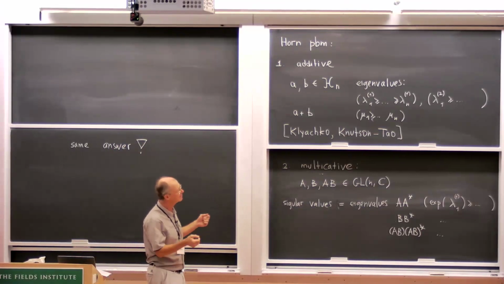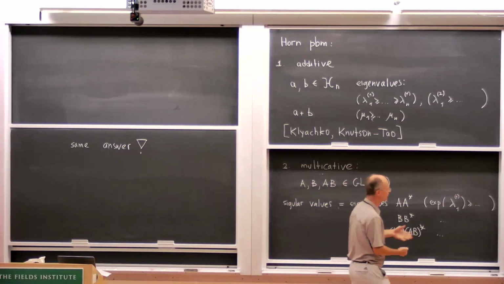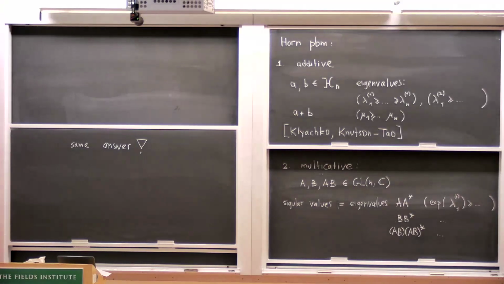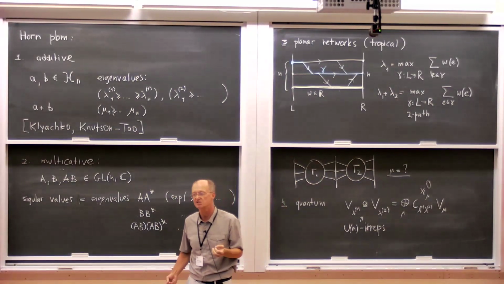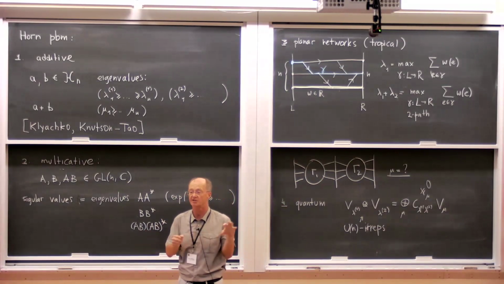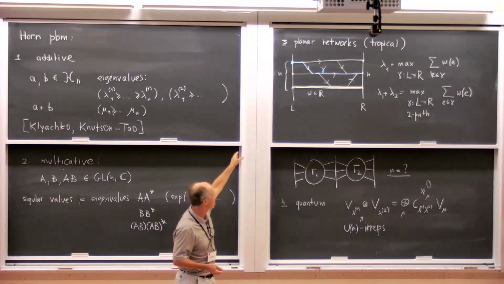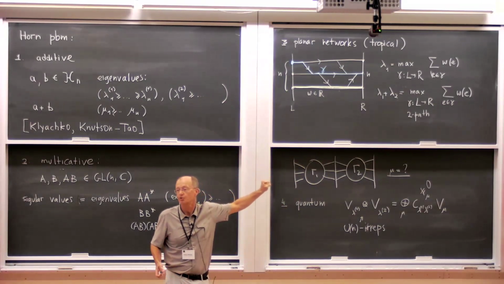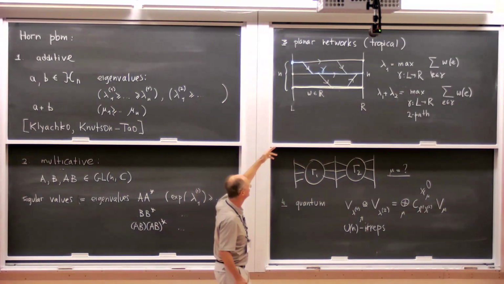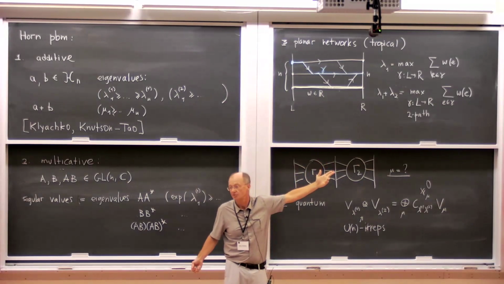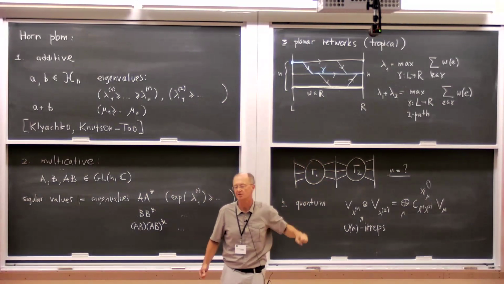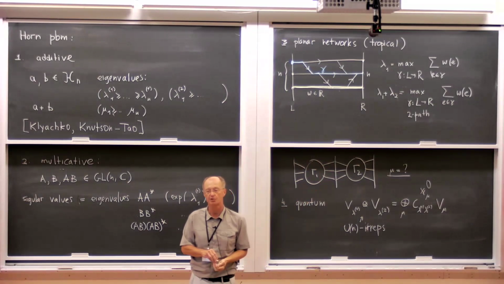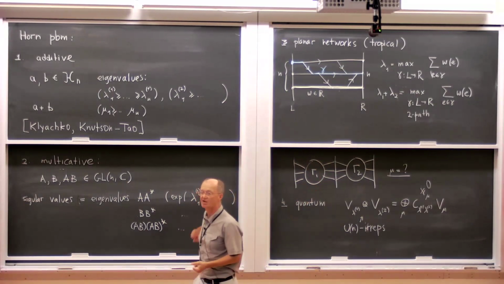Of course, there are some small details like reals versus integers in quantum and classical problems. And in the problem with planar networks, I didn't tell you what the planar network is. And if you choose a very small planar network, then perhaps you can alter the answer to your problem. For instance, I didn't say what to do if the paths just do not exist, right? Suppose I take empty networks, something like that. So for that one should make some small amendments in the network problem. But in principle, they all have the same answer.